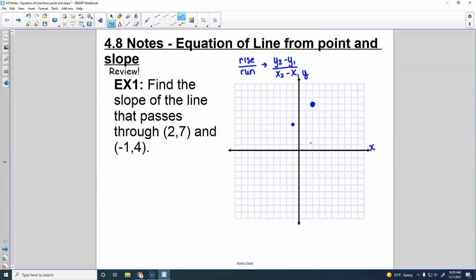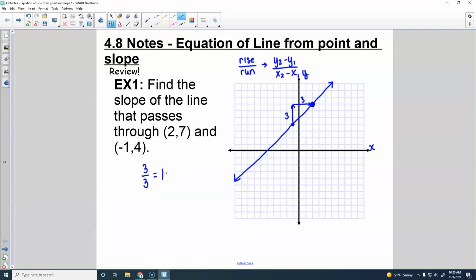Okay, what is the slope of this line? Alright, so if you count it from the graph, you're just going up 3 and to the right 3, so you get 3 over 3, which is 1.